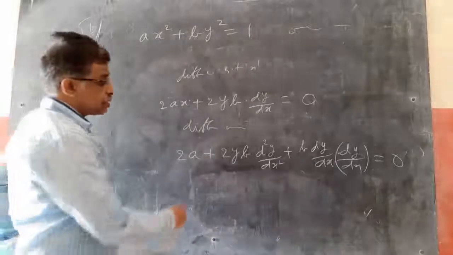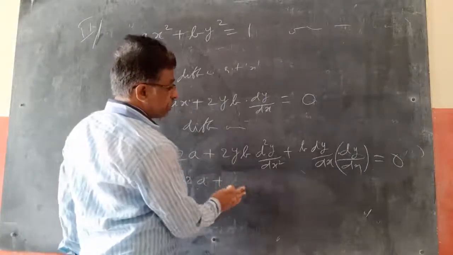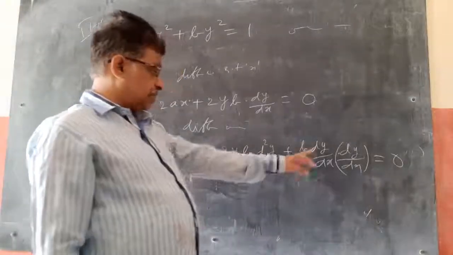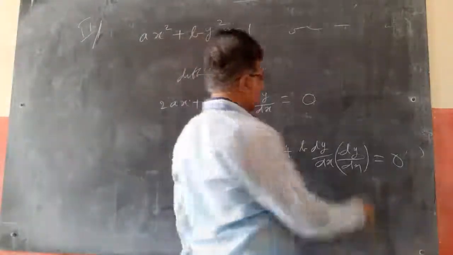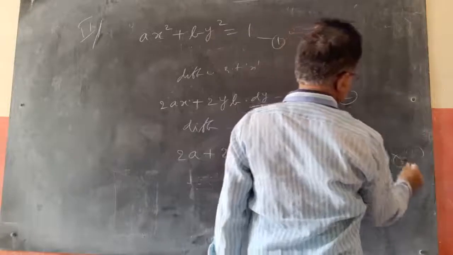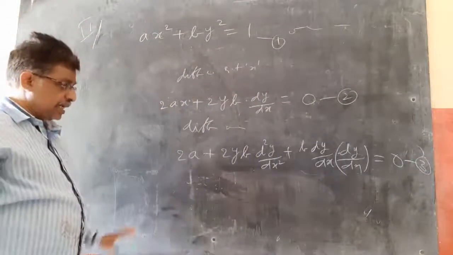So this becomes 2a plus 2yb d square y by dx square plus 2b into dy by dx whole square equal to 0. This is equation 1, equation 2, equation 3. Now you have to eliminate a and b from these three equations.